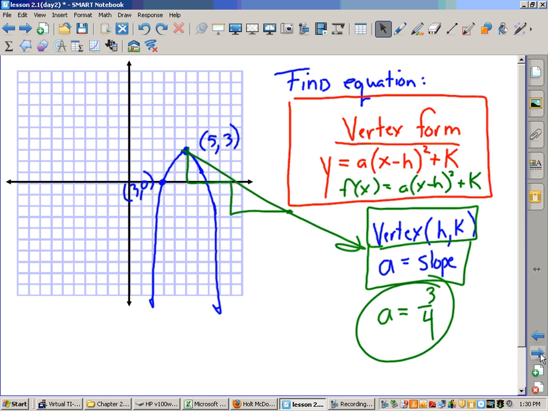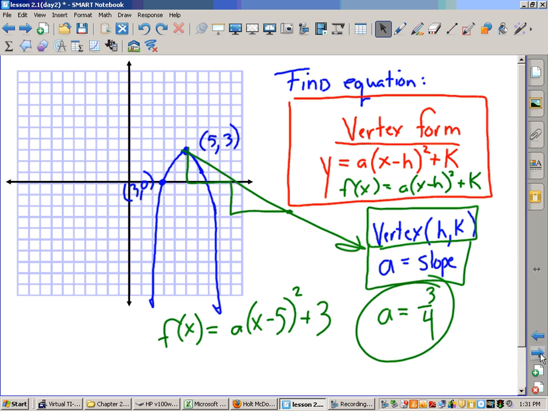Plug the vertex in. We should have f of x equals a times x minus 5 squared plus 3.